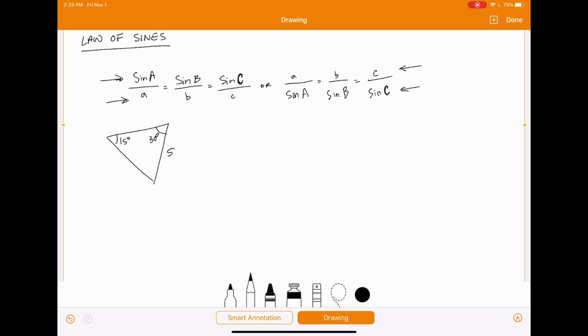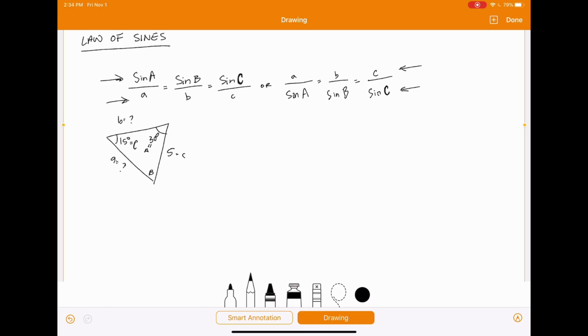And we're trying to find this side here and this side here. All right, so let's go ahead and label these. We'll just say this side's A, this side's B, and this side is C, which would make this angle C, angle A, and angle B.